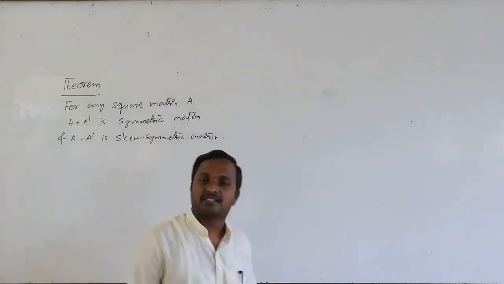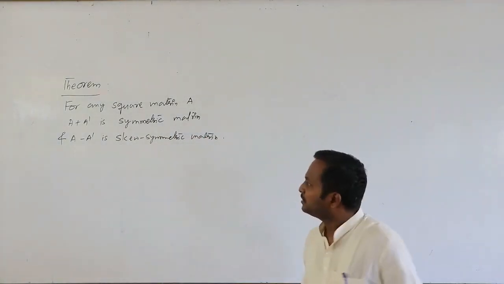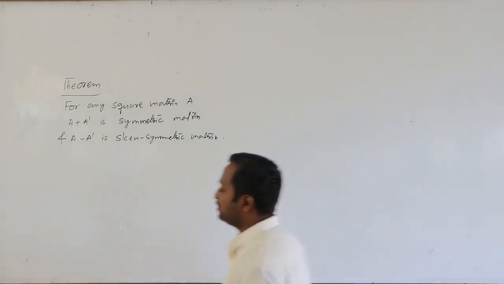A plus A dash is symmetric, A minus A dash is always a skew symmetric matrix. We will prove this theorem.